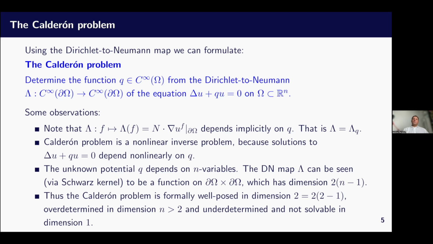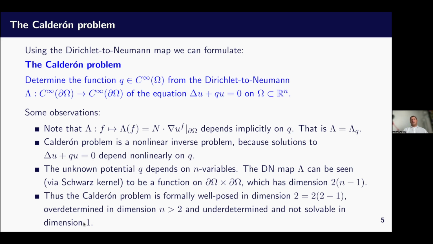Given this, we see that the Calderon problem is formally well posed in dimension 2, because then n is the same as 2 times n-1. It is overdetermined in dimension n more than 2, and it's underdetermined and not solvable, in fact, in dimension 1.